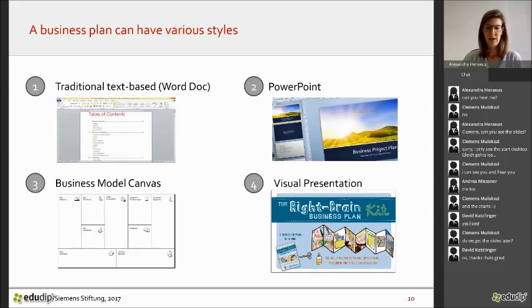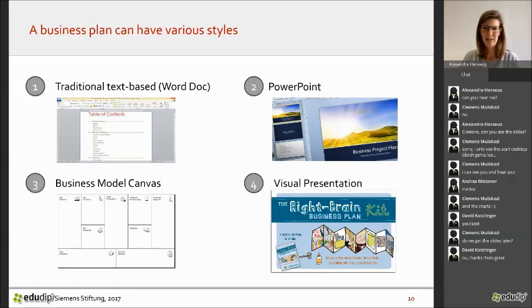The 4th I brought up as an idea of something that's not so common, but might be good for you if you have a product that is more appealing to people that are right brain, so the creative part is being addressed. It is built up of pictures or images and tells you a story about the way of the business in terms of a storyline that is brought up by different images that you put together.